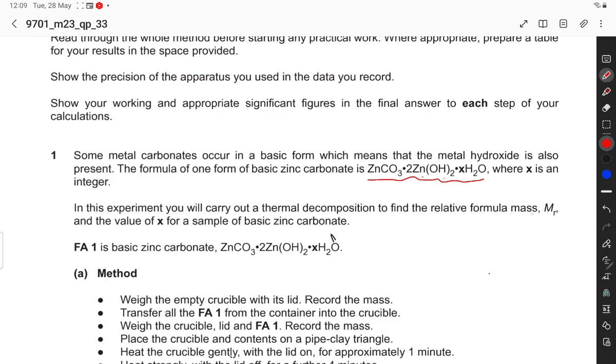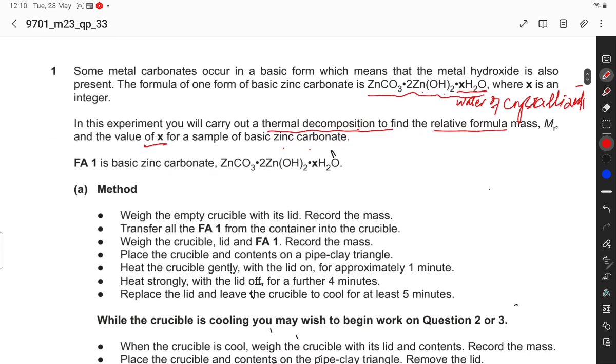in the context of thermal decomposition, and this is X water of crystallization. This is known as water of crystallization, and X is an integer. In this experiment you will carry out a thermal decomposition to find the relative formula mass, Mr, and the value of X for a sample of basic zinc carbonate.